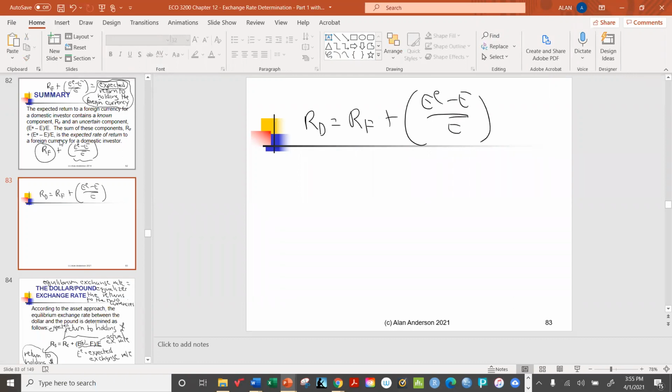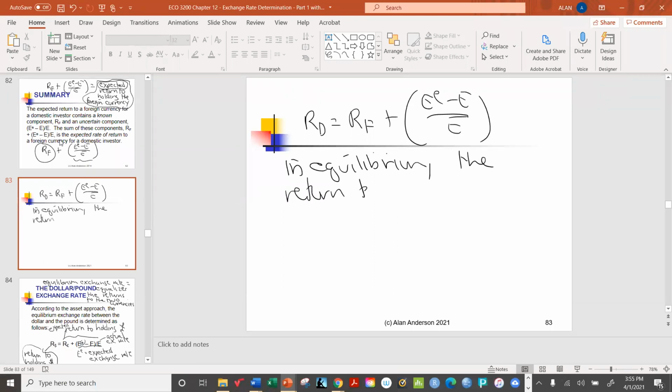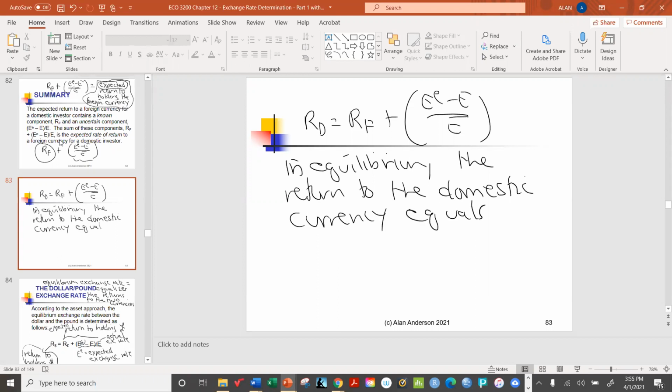So what we're saying there is that in equilibrium, the return to the domestic currency equals the expected return to the foreign currency.